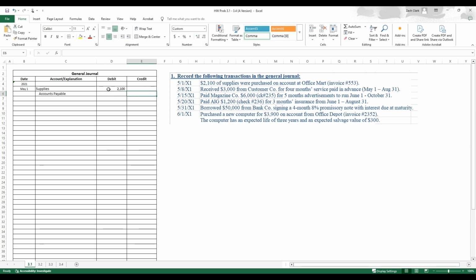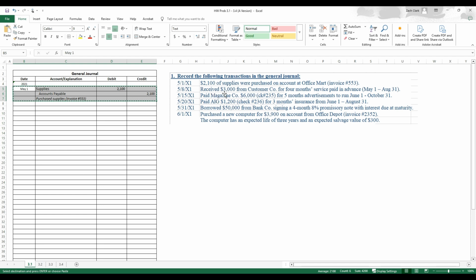And it was $2,100 of supplies. So assets up with a debit, liabilities up with a credit. And then we'll put our explanation in and just say purchased supplies, invoice number 553. Okie doke.